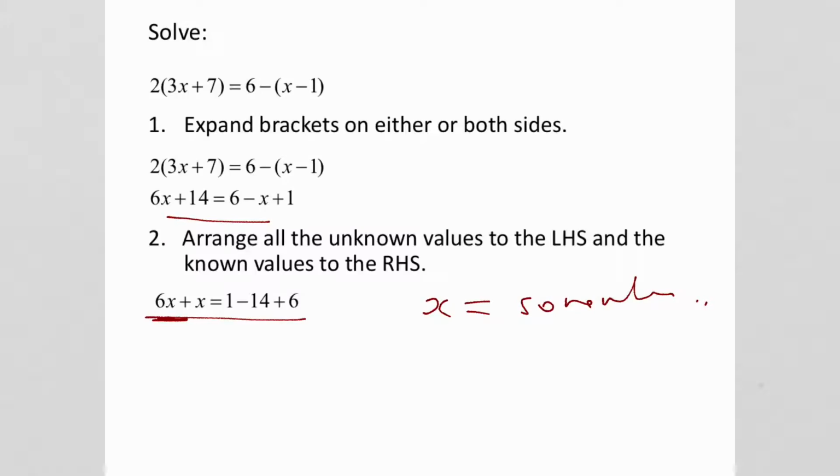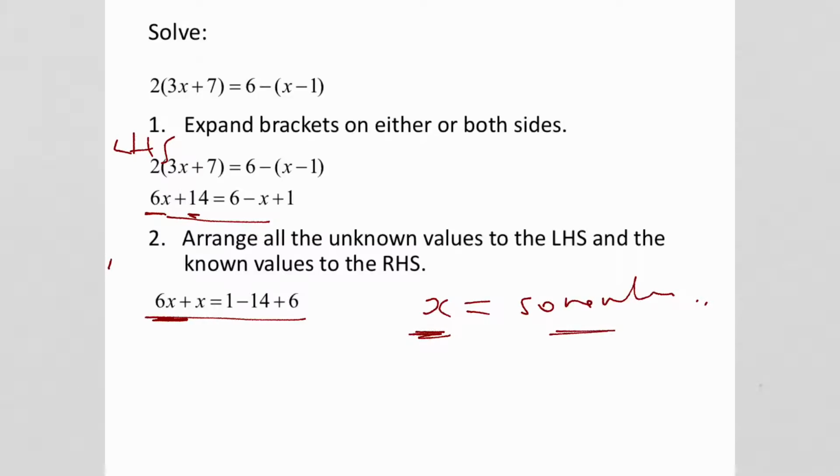You look at the left-hand side of this equation and go for each term one at a time. You start with 6x, and 6x is on the left-hand side, so that stays there. Then we've got 14, and 14 doesn't belong there, so I need to bring it to the right-hand side.